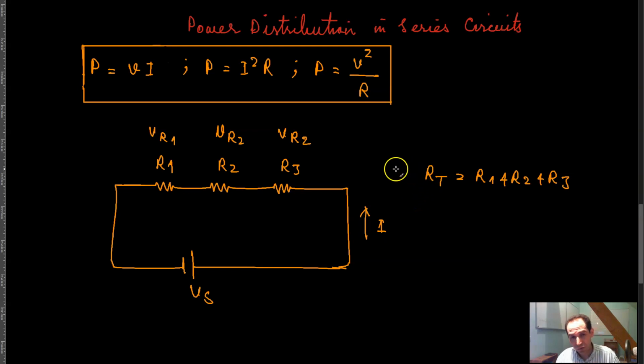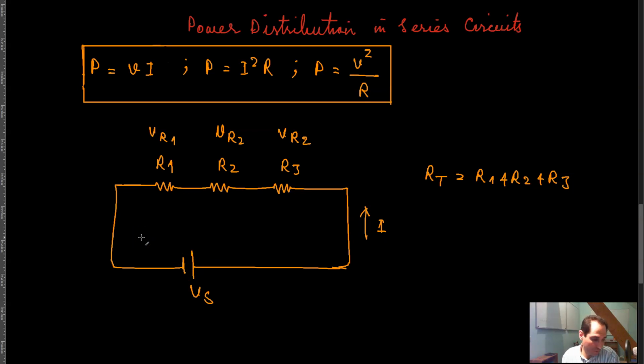And what you would find out is that if you calculate the power dissipated by R1 individually, and the power dissipated by R2 individually, and R3 individually, and add them together, that would be the total power dissipated in the whole circuit if you regard all of these resistors as just one resistor and calculate the total power dissipation in the whole circuit, right?